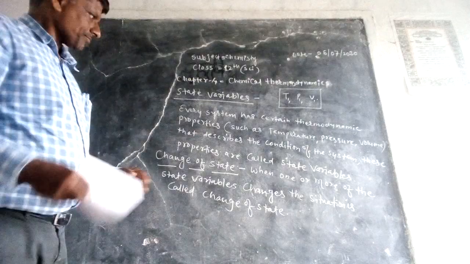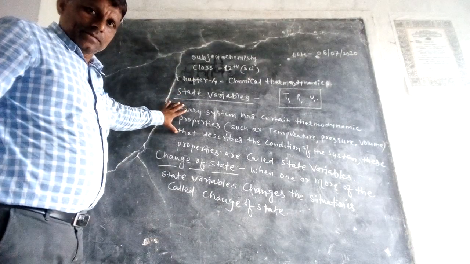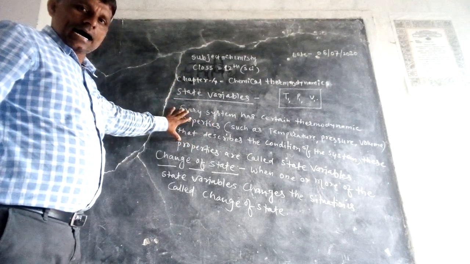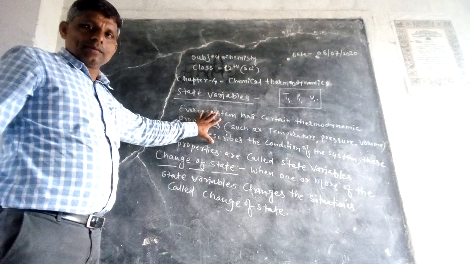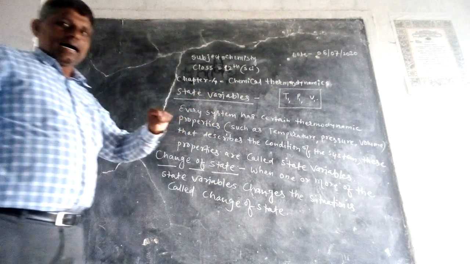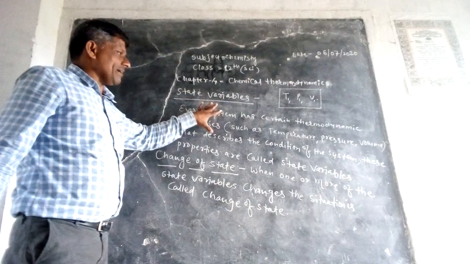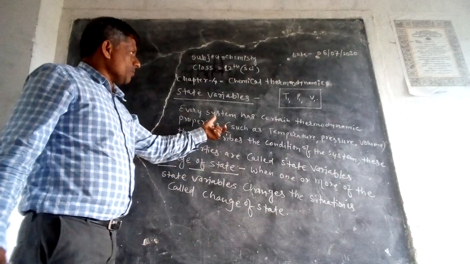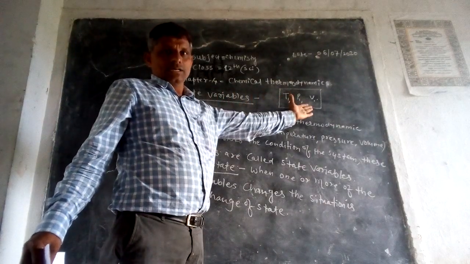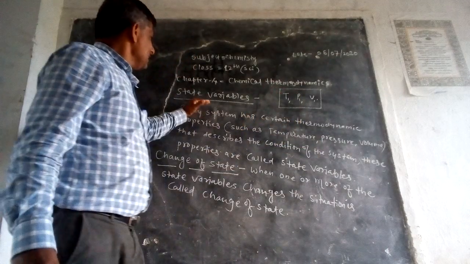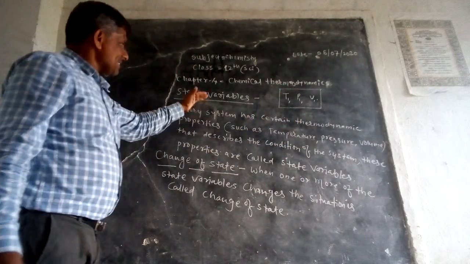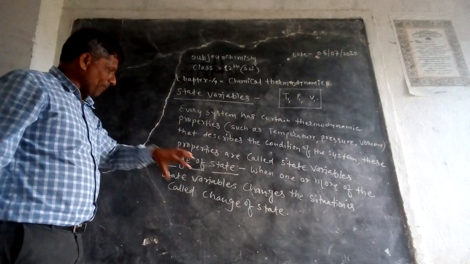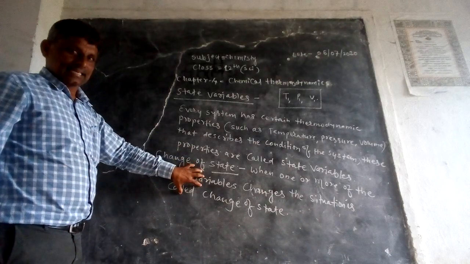Change of state. We have learned state variables. Do you have any problem in state variables? I think there should not be any problems in these state variables. If you don't have any problem in the state variables, definitely the change of state is a very easy job. State variables have a few parameters which describe the condition of the state, and the same knowledge we have to apply in the change of state.